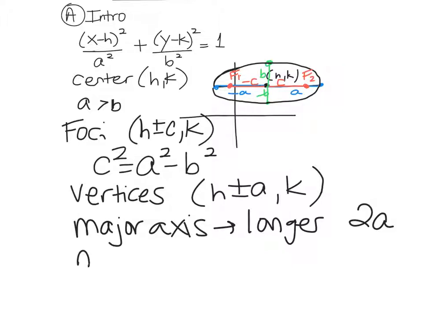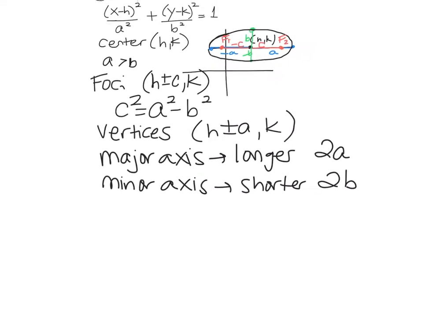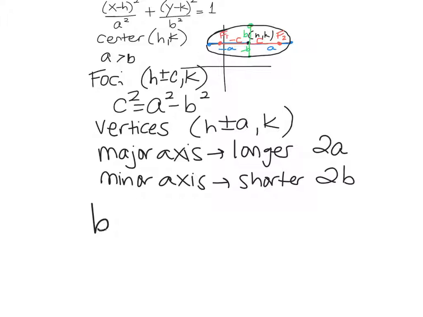And then the minor axis is the shorter one. And that would be 2b. You know, you have to say that. Okay. What else? Anything else? Am I forgetting anything? Now, if b is bigger than a, then pretty much everything gets switched, okay?